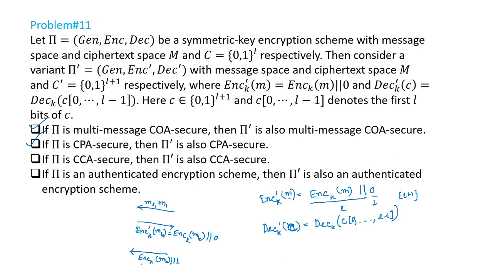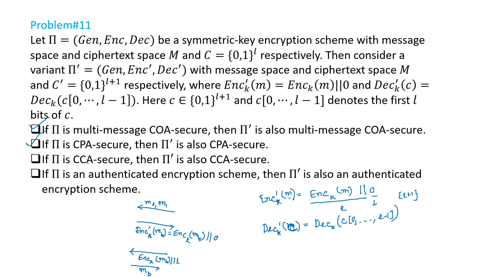So this is not the same as the challenge ciphertext, so this is an allowed decryption query to the decryption oracle, and in response it can see the value of m_b, because the decryption just discards the last bit and applies the normal decryption algorithm of scheme pi to decrypt it, and as a result m_b is visible. Because m0 and m1 are already known to the adversary, with probability 1 it succeeds in getting the bit b in this CCA security game of pi'.